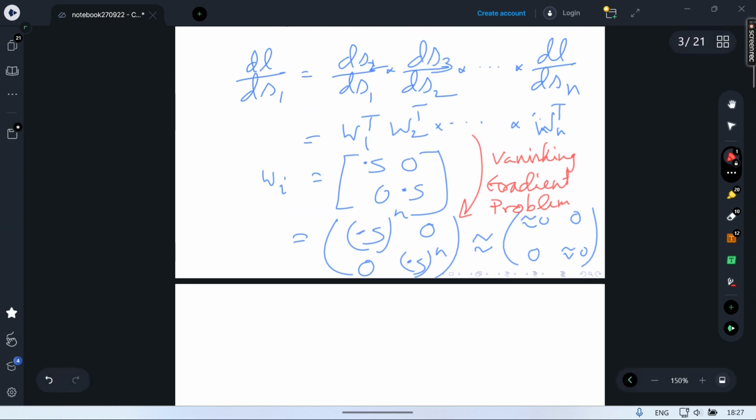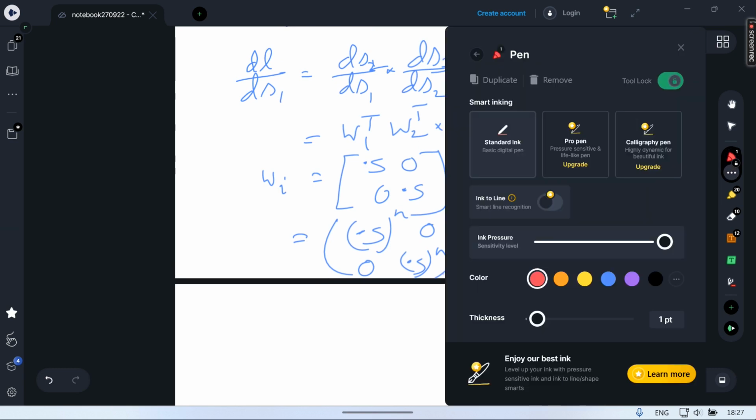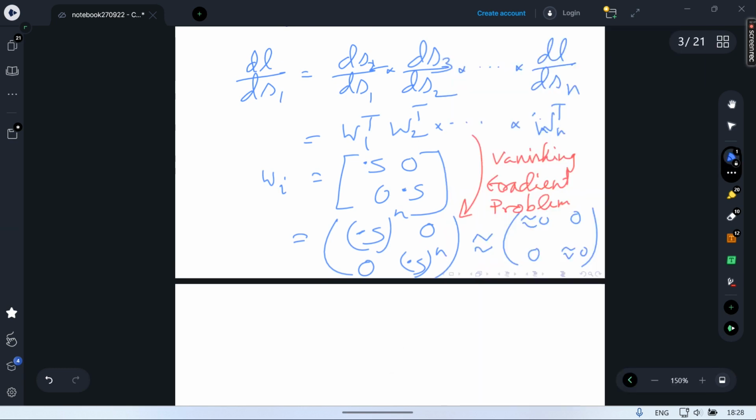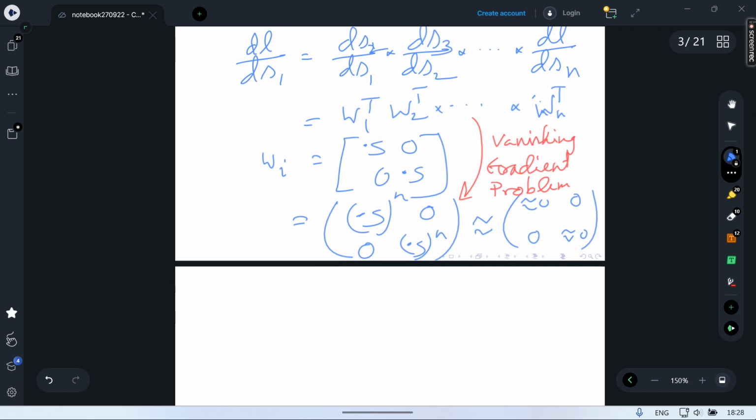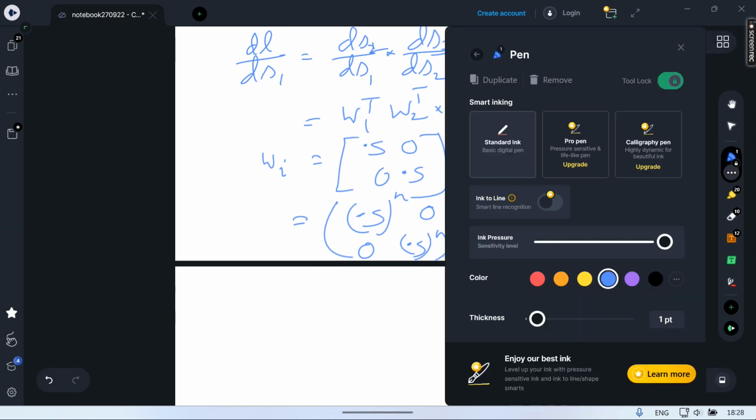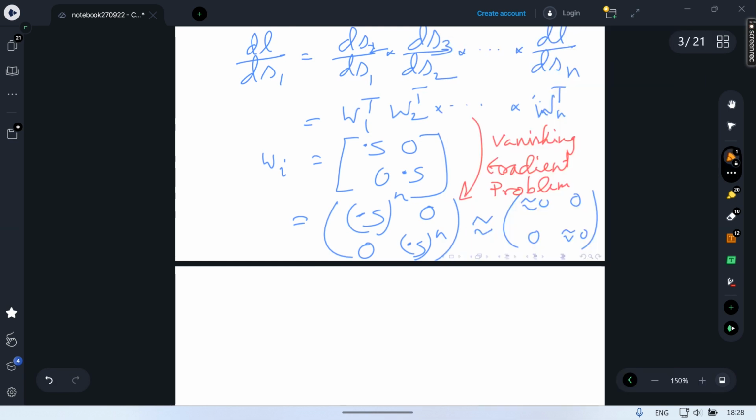Another problem is called the exploding gradient problem, which is the reverse of this. So for example, in this case, instead of the wi's having value 0.5, if it is 1.5, then what will happen?